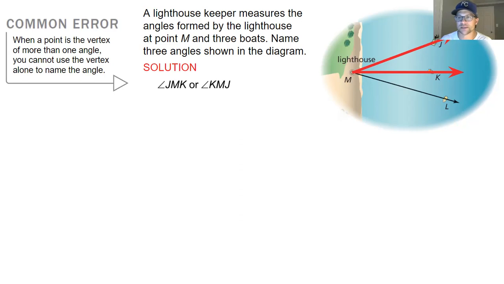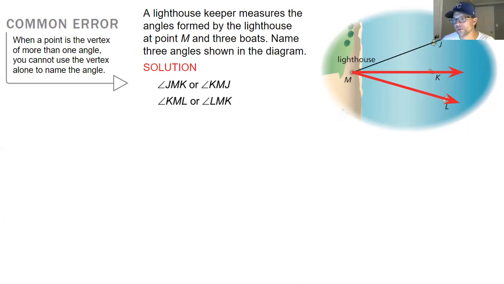So we're going to move on to the second angle. And again, we're looking at the sides KM and LM. Again, using the same naming terms, your vertex has to be in the middle. So you could start with KML, or you could flip it in reverse order and do LMK.